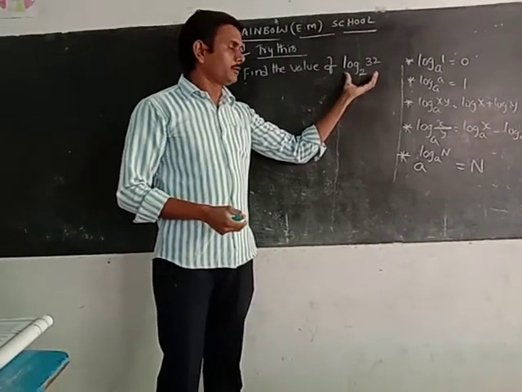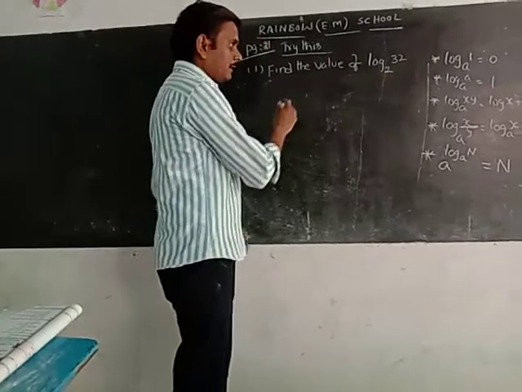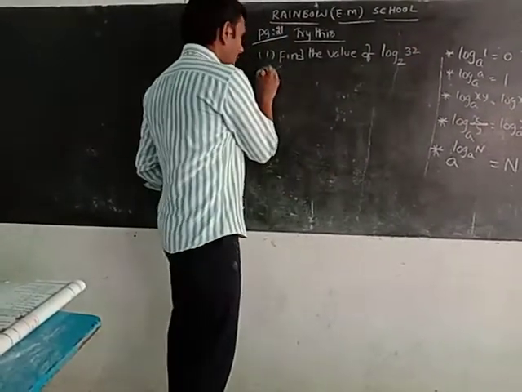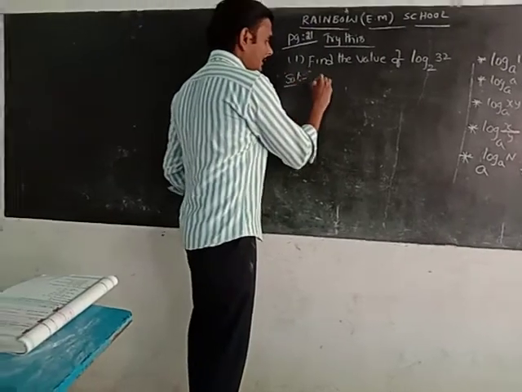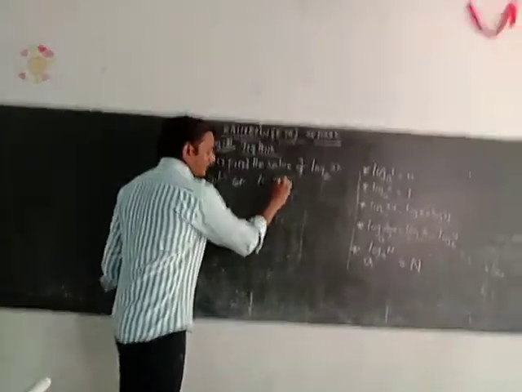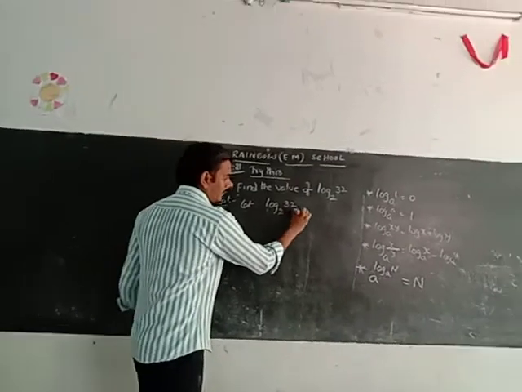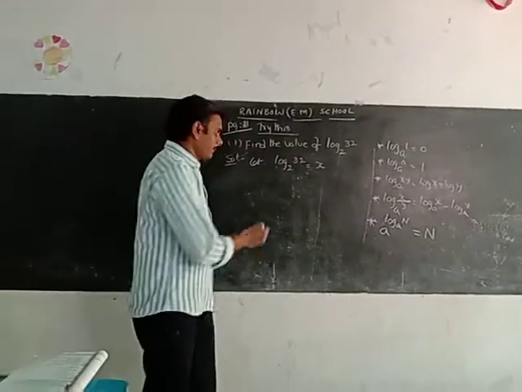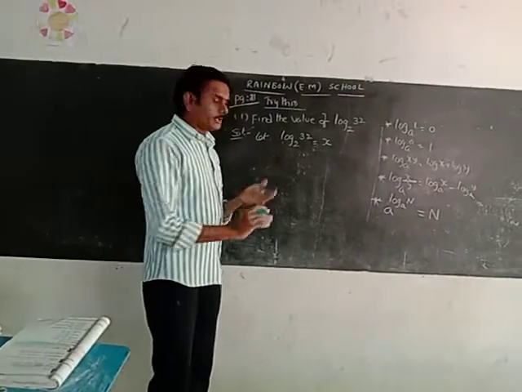I will convert into the exponential form. First, assume this answer is equal to some number. Solution: let log 32 to the base 2 equal to x. Write the exponential form for this one.